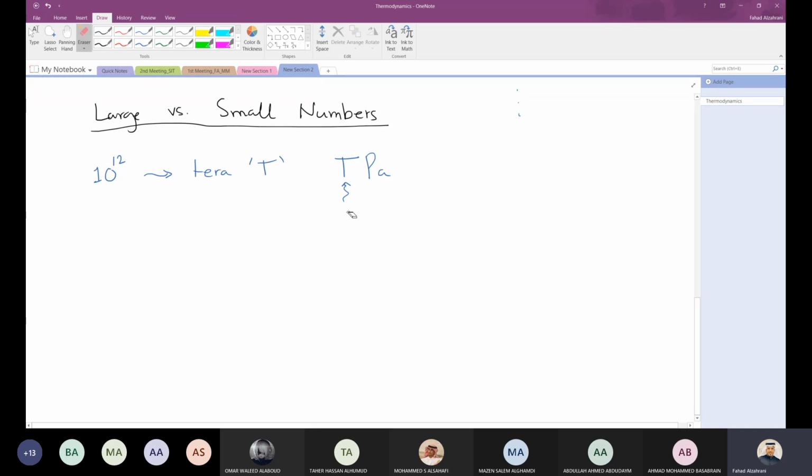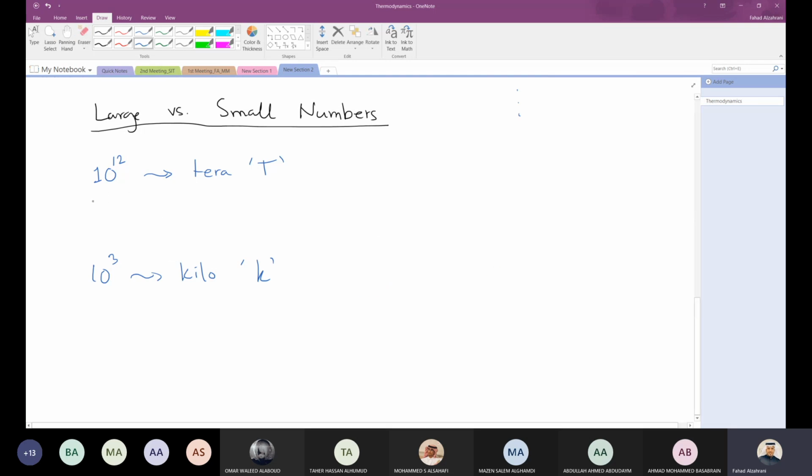One of the most common ones that you see in many places is, when you drive your car, 10 to the power 3, which is kilo. It has the letter K. Usually when you drive your car, you have the speed in kilometers. What does kilometer mean? Kilo is 10 to the 3, so 1000 meters. So these are the notations that we use to represent large versus small numbers.